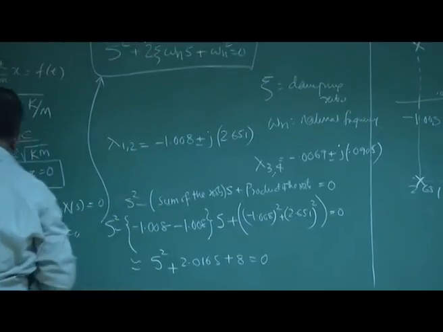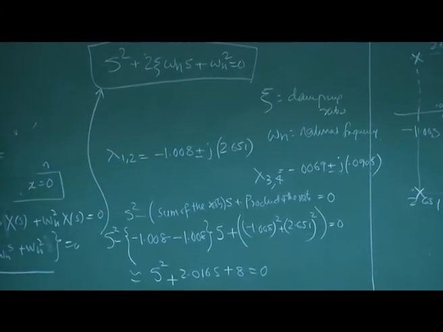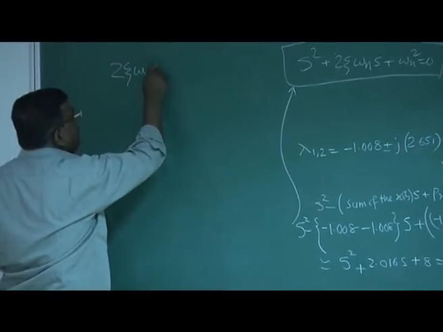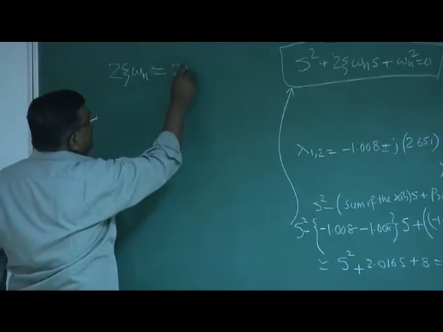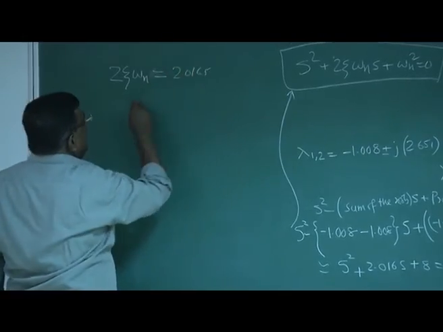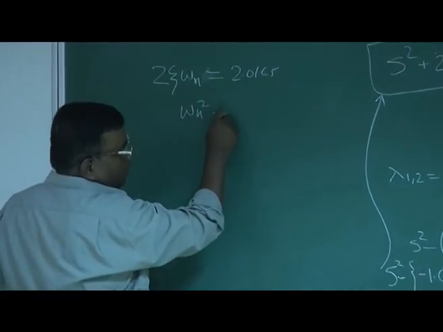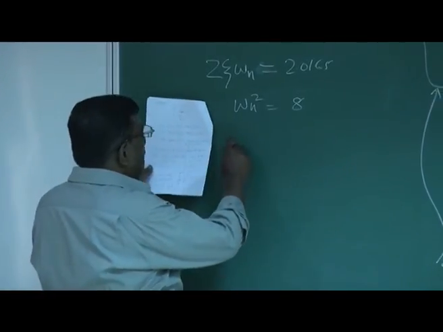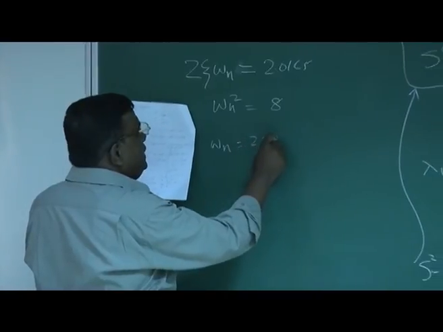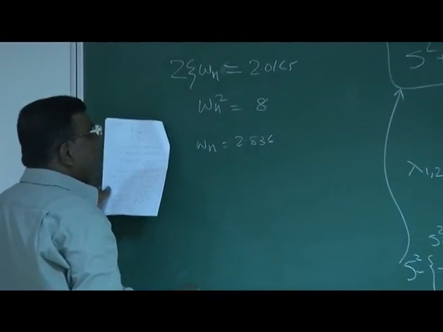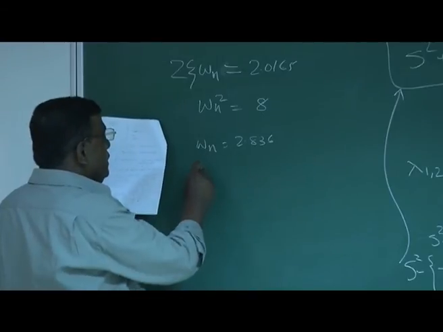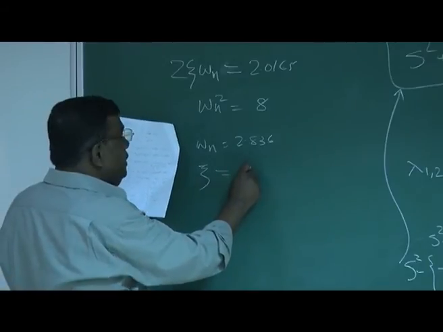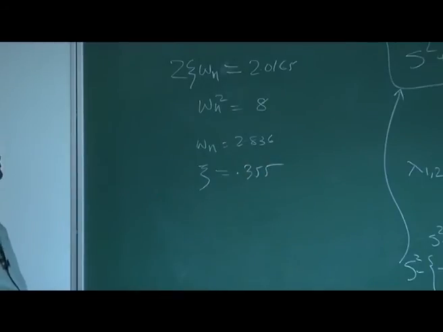So I can write 2 zeta omega n, S will not be there, equal to 2.016, and omega n square will be equal to 8. So omega n square equal to 8 means roughly omega n equals 2.836 radians per second. And zeta I can find out using this equation as 0.355. So simple.